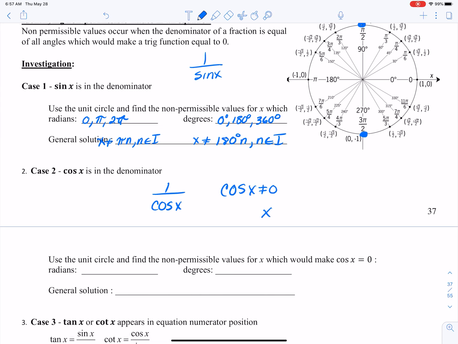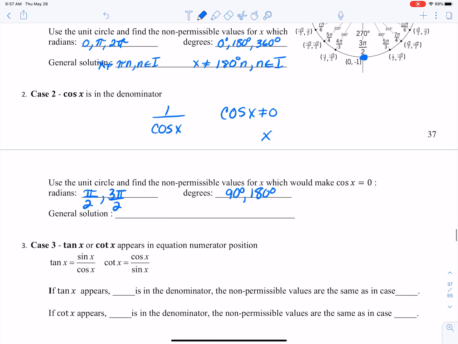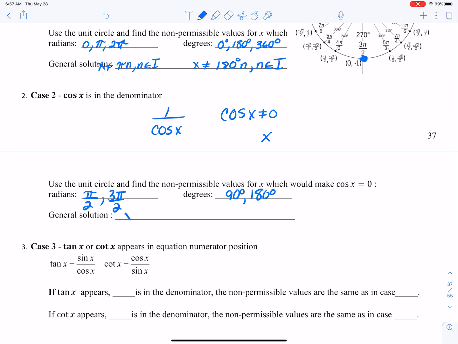So in radians, it would be pi over 2 and 3 pi over 2. And in degrees, that would be 90 degrees and 270 degrees. So let's take a look at the general solution there. X cannot equal pi over 2 plus pi n, where x cannot equal 90 degrees plus 180 degrees times n.